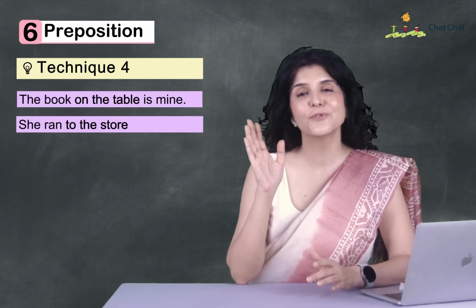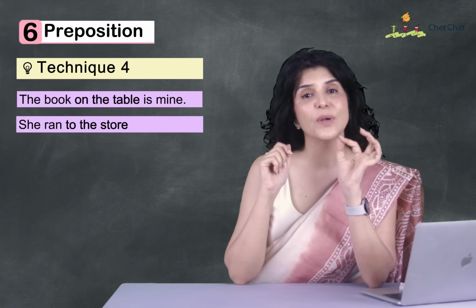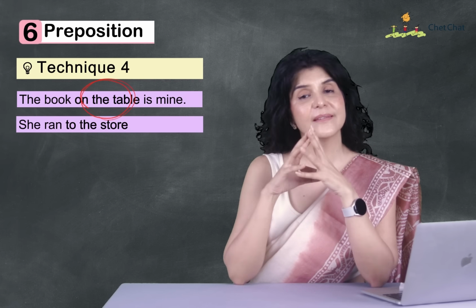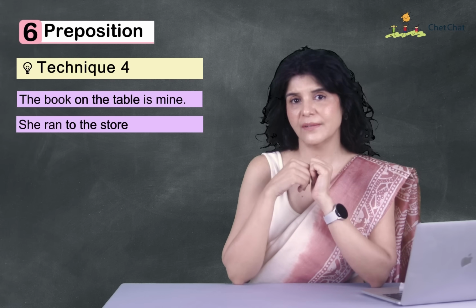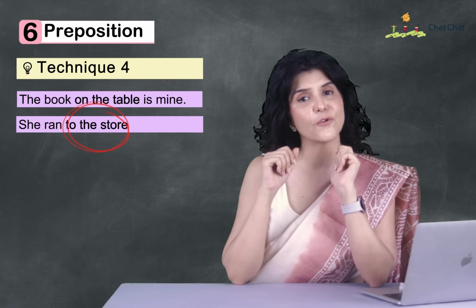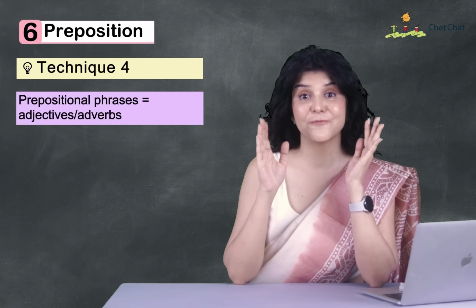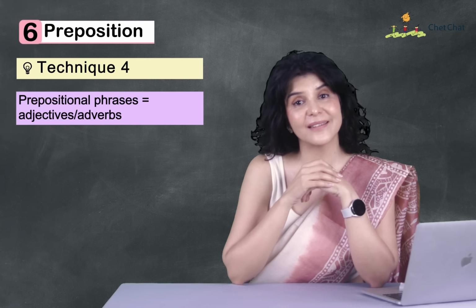She ran to the store. Now, in the first sentence, if we ask the question, which book, we know it is the one on the table. In the second sentence, if we ask the question, where did she run, the answer is to the store. So, prepositional phrases can function as adjectives or adverbs in a sentence.